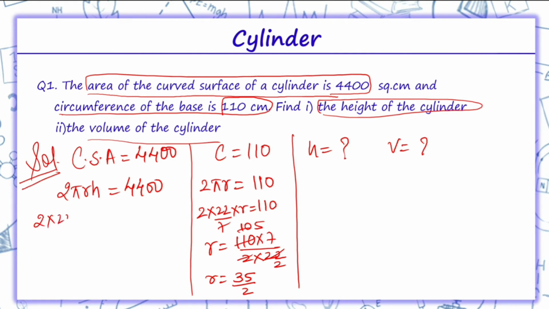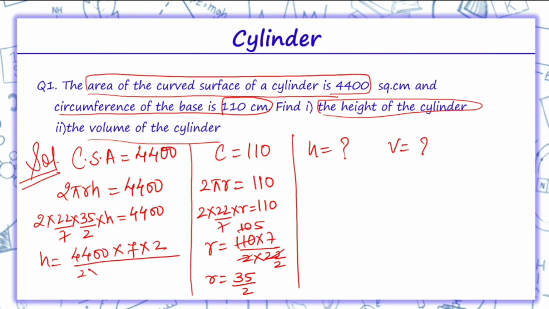Putting r = 35/2 over here, in 2 × 22/7 × r, which we found as 35/2, h we have to calculate. So h = 4400 × 7 × 2 / (2 × 22 × 35).